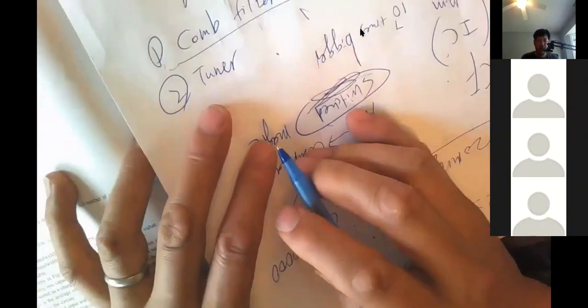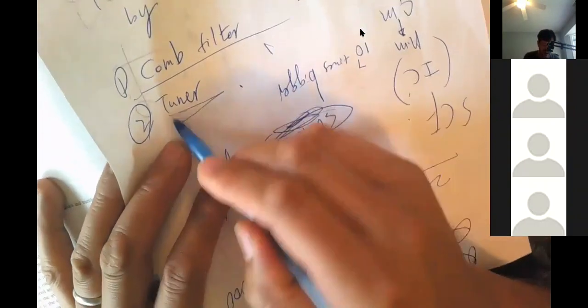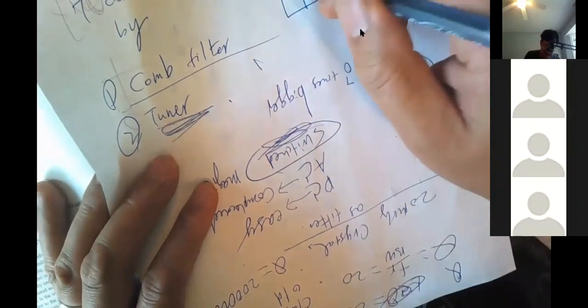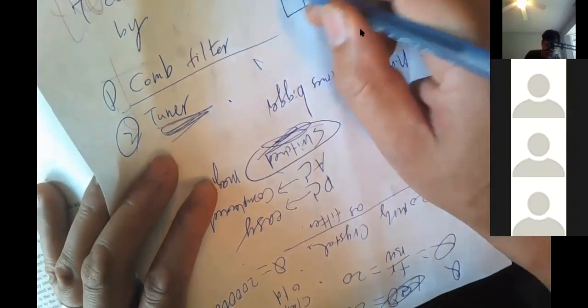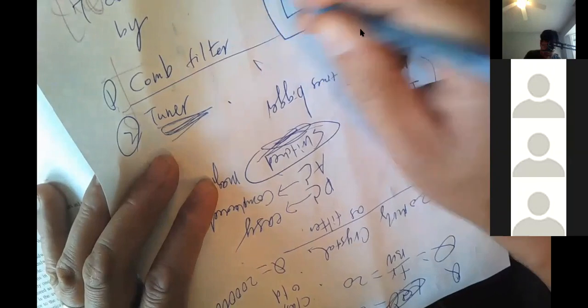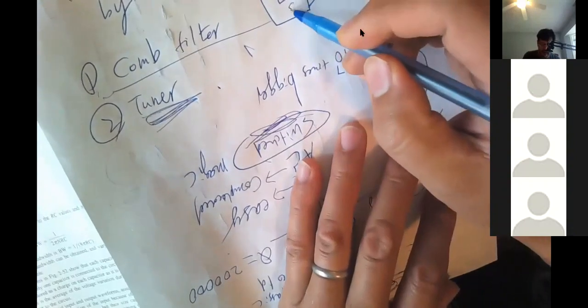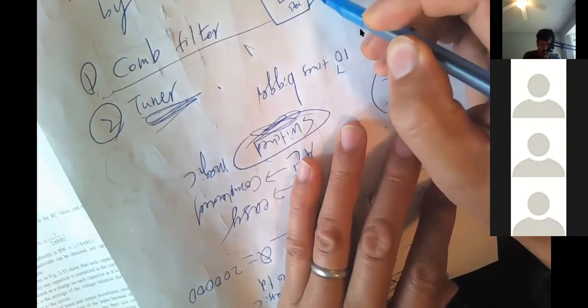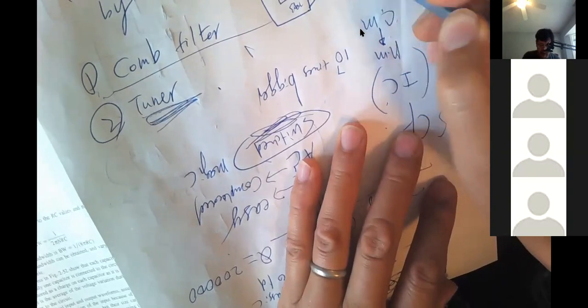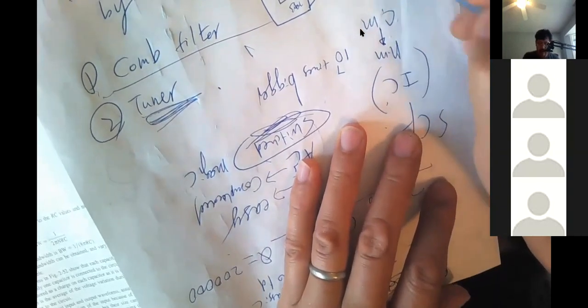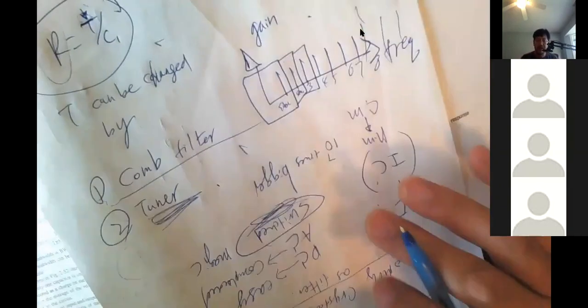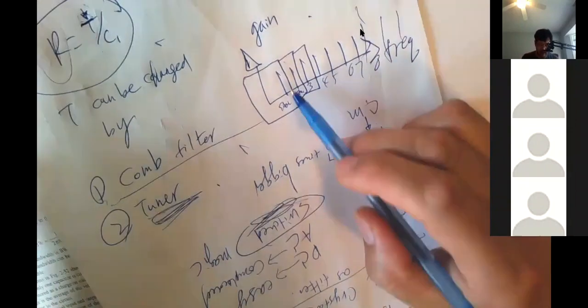This thing can also be a tuner. Why can it be a tuner? It's an excellent tuner if we just look at this part or this part. Each is actually a tuner. So this can be station 1, station 2, station 3, 4, 5, 6, 7, 8, right? It's your stations.